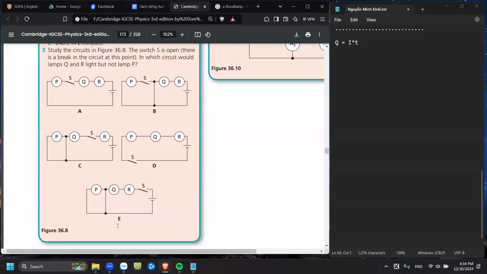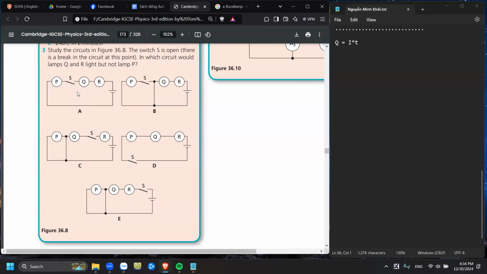So for E, for example, you can see here at the battery, the flow cannot go anywhere because it's broken here. So there won't be any electricity at all to go through the three lamps. So all of them, darkness. Not light up at all.